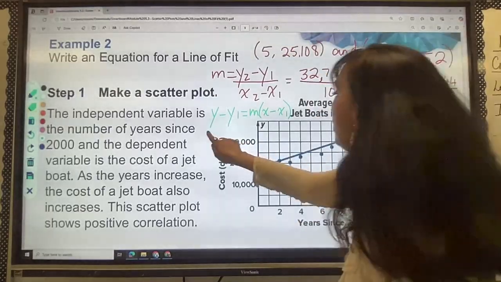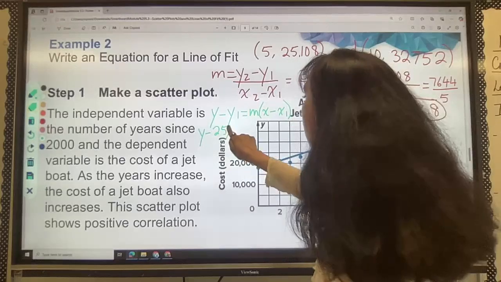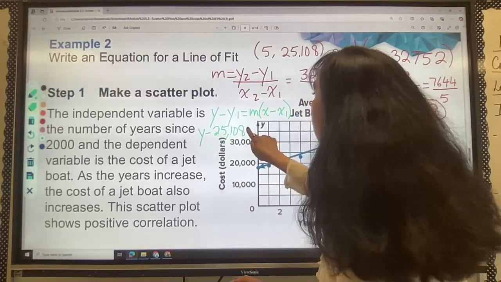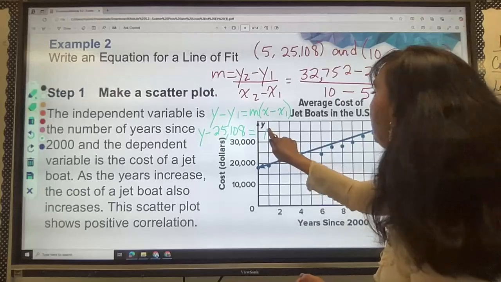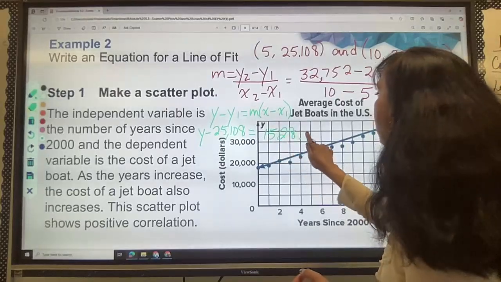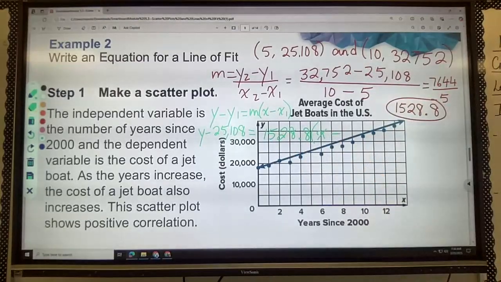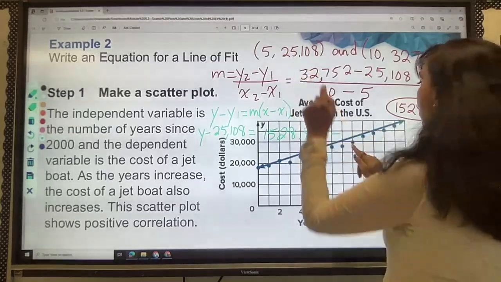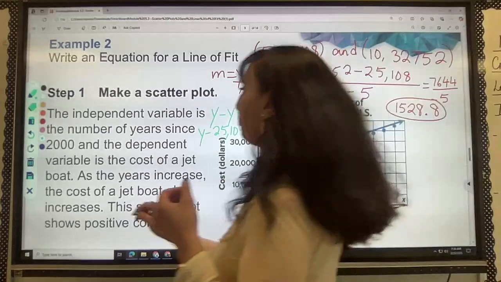And so I do y minus 25,108 is equal to, what is the slope that I found? It is 1,528 and 8/10 x minus, what is my ordered pair for x? Here's 5. So this is what I am solving now.